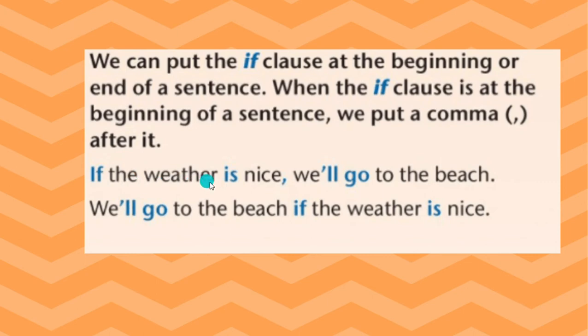If the weather is nice, we'll go to the beach. We'll go to the beach if the weather is nice. Okay? Here in this case, we are using simple present. Is, are, or am. Right? Don't forget that. And please study the vocabulary part.